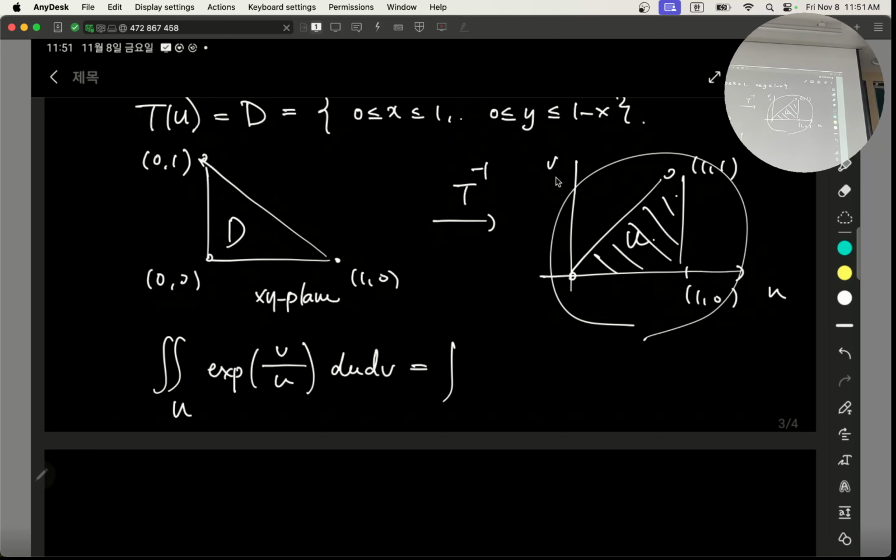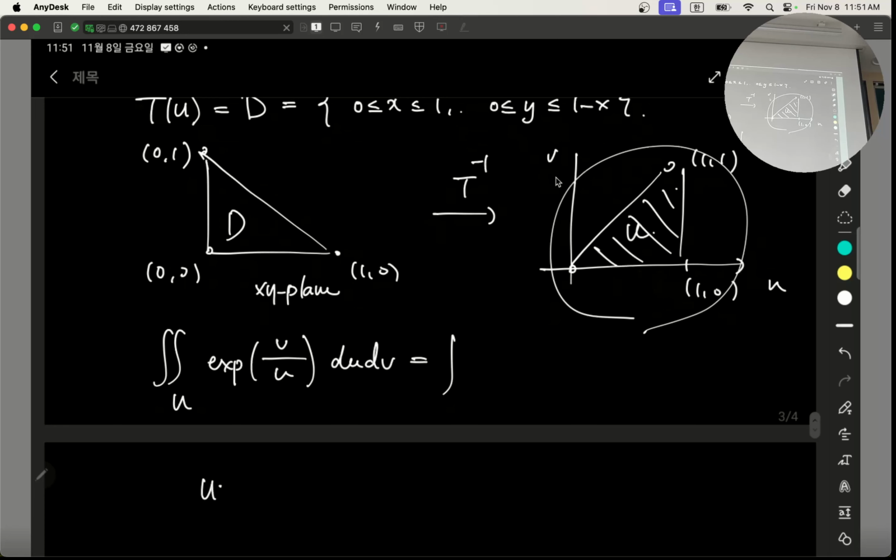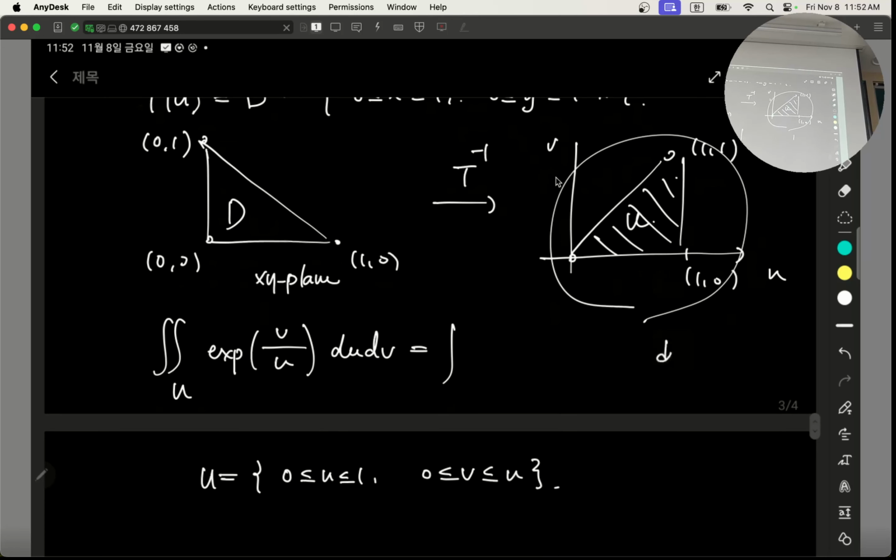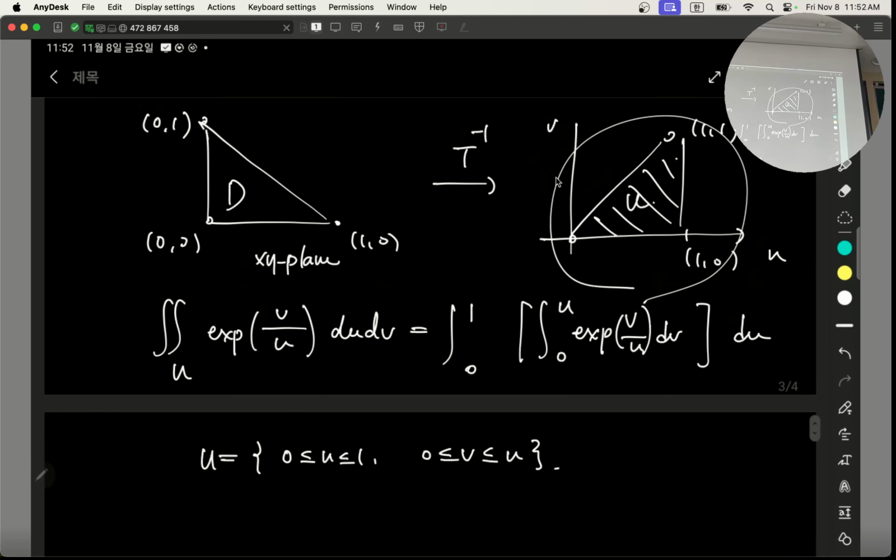So let's see. Let's start from u. I'm going to rewrite the region U in terms of the following. Small u ranges from 0 to 1, while v ranges from 0 to u. So I'm going to integrate v first and then u next. So v ranges from 0 to u of exponential of uv, and then u ranges from 0 to 1.